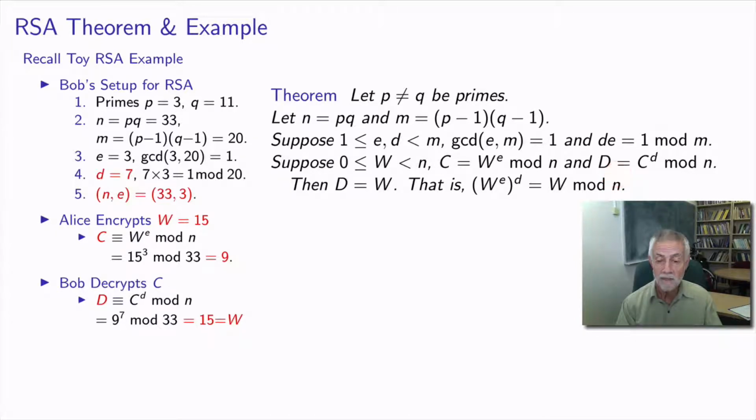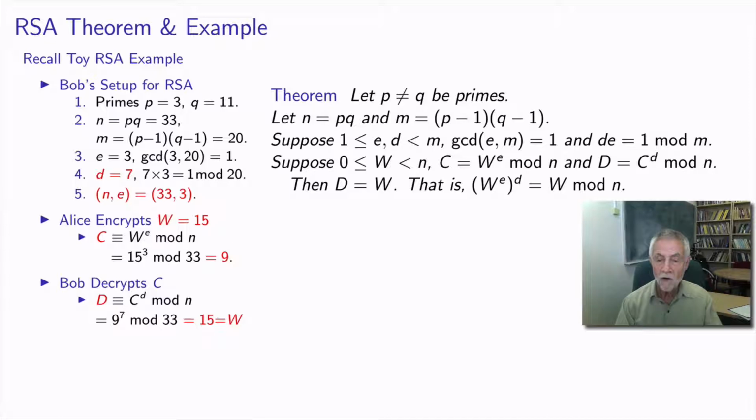The theorem is that D, the number that Bob obtains by decrypting the encrypted C, is indeed the original private number W. So the claim is that D is equal to W, and that's the same as saying that W to the e to the power d is equal to W mod n, because D is just C to the d, and then I've replaced C by W to the e.